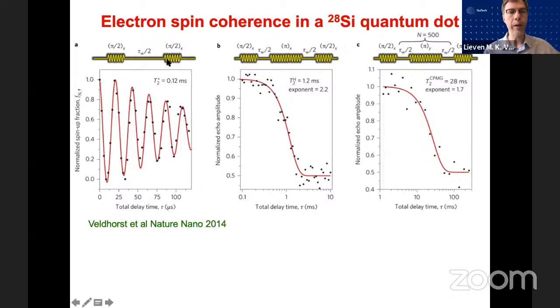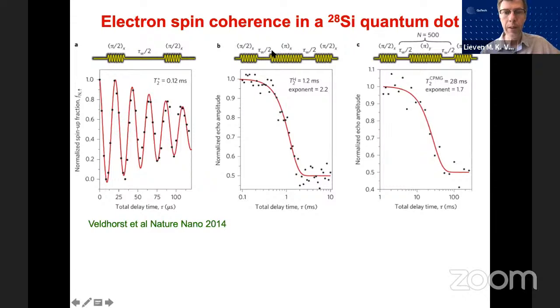After a variable wait time, you attempt to rotate it back. But it could be that the spin has drifted into a random direction, and then this attempt to rotate it back will not fully work. And that's why you see the decay here in the oscillation, right? And that time scale is, in this case, 120 microseconds, which is already quite long.